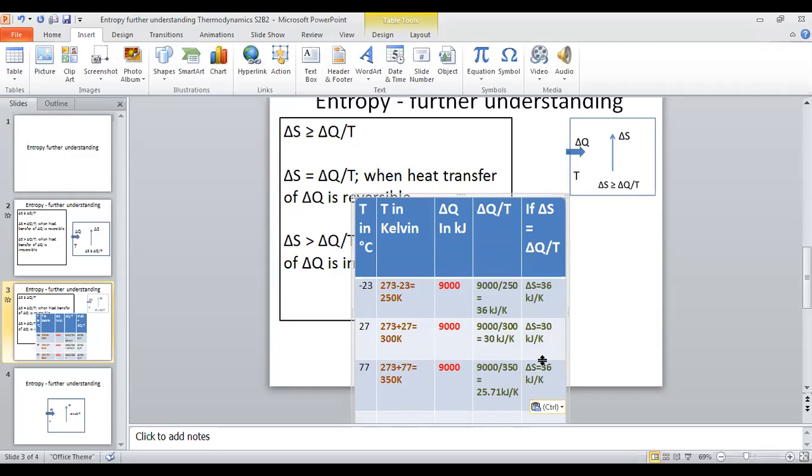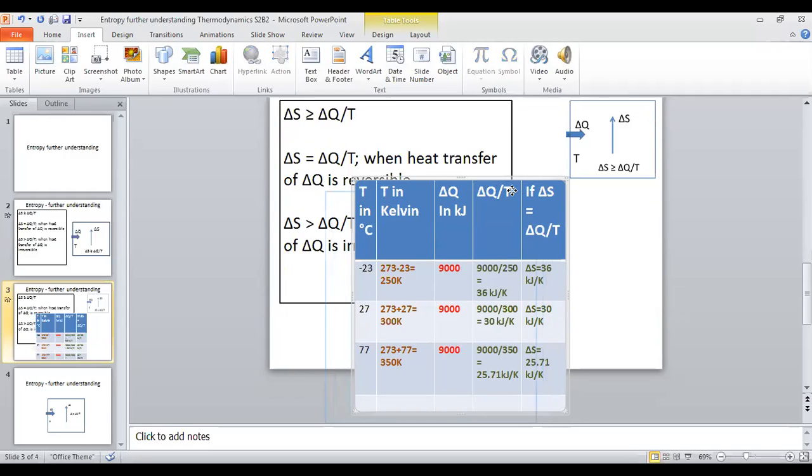For the third case, delta S is 25.71 kilojoule per Kelvin. Okay, so this is the situation.